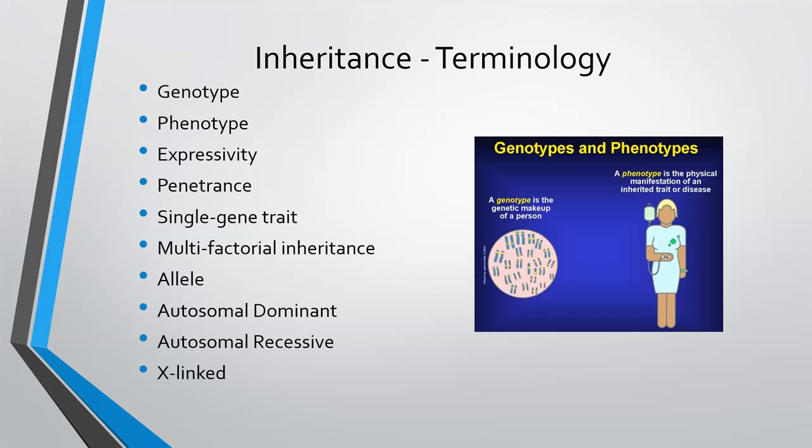So in other words, if you have, let's say, a gene for blue eyes, and you have the gene for blue eyes from one parent and brown eyes from the other parent. Well, what's the more dominant one, more likely to penetrate? It may be that only 50% of the people who have that genetic makeup will end up with blue eyes, or it's actually much smaller than that, but that's the penetrance of it.